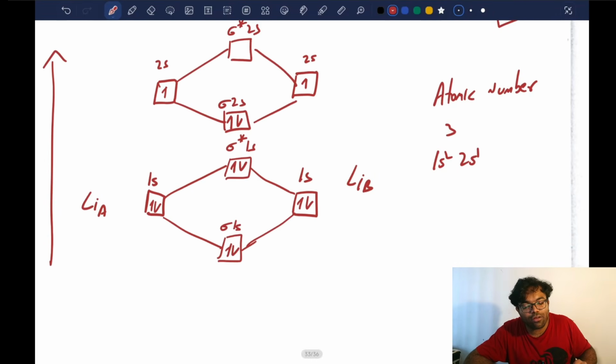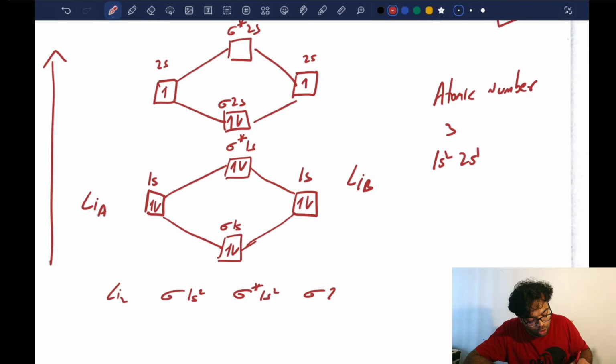So what is the electronic configuration of Li2 going to be? Sigma 1s2, sigma star 1s2, sigma 2s2. There is not going to be sigma star 2s2. This is the electronic configuration of lithium 2.